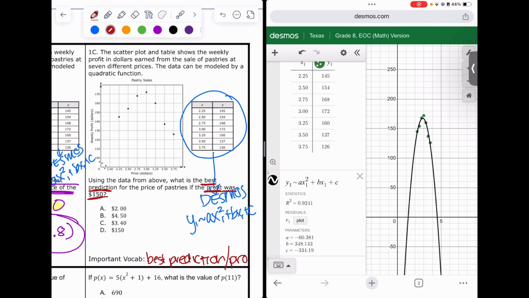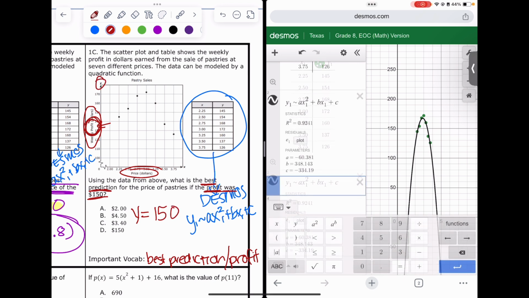And my other word is profit. If I look at the x-axis, that's price. But if I look at the y-axis, it says profit right there. So profit is y, because on the y line, y equals 150.